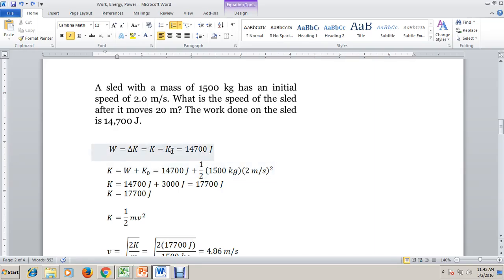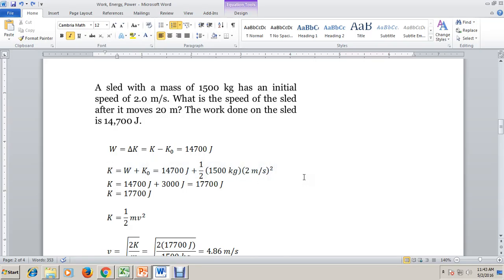So from here, W is equal to K minus K sub O. We could transpose negative K sub O to the side of W, making that positive, so that this becomes work plus K sub O, that is equal to K. Now, of course, the work done is given as 14,700 joules, plus the initial kinetic energy, which is 1/2 times 1,500 kilograms, the mass, times the initial speed, 2 meters per second, squared.